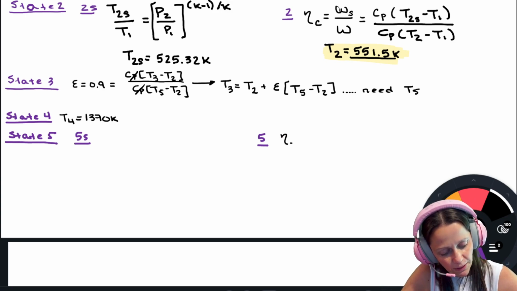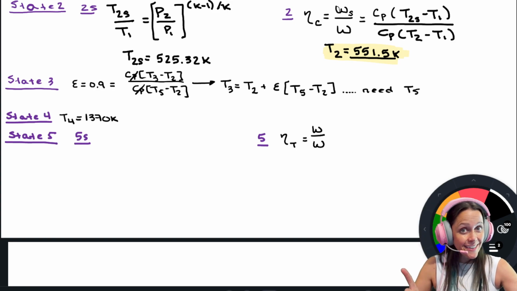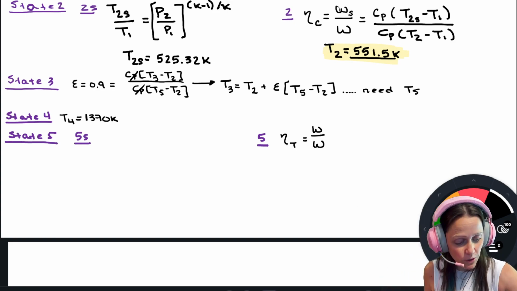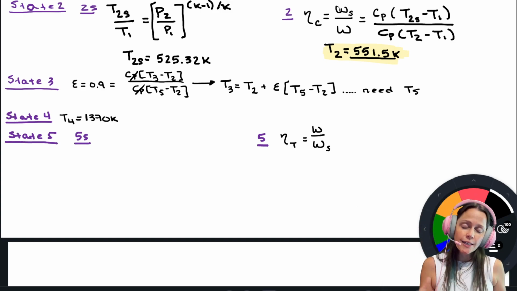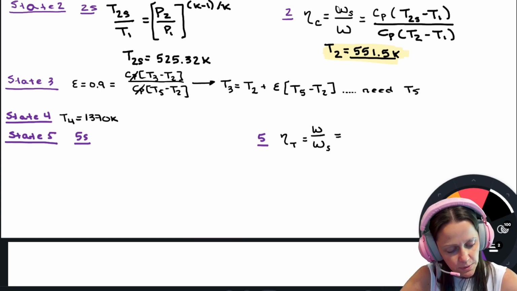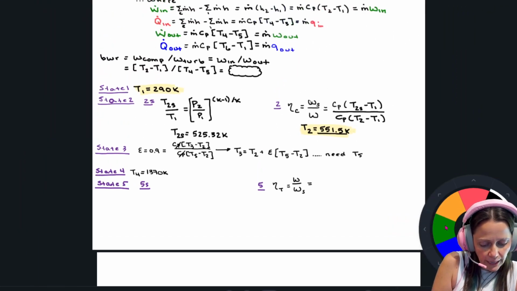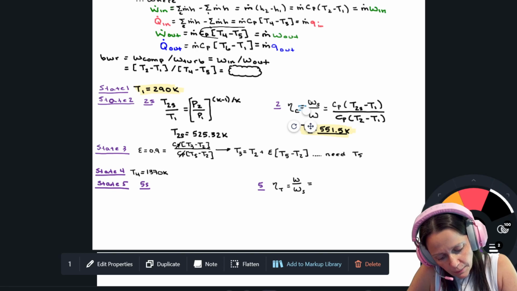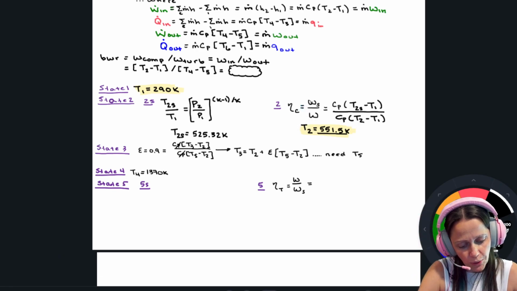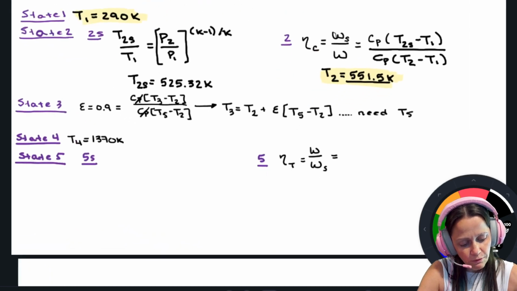So isentropic efficiency for my turbine is the ratio of the two works. Ideally, isentropically, you get a lot of work out of it. That would be the bigger number on the bottom. But in reality, because of irreversibilities, you're going to get less. We already calculated that work output right up here, right? And so this is between 4 and 5.